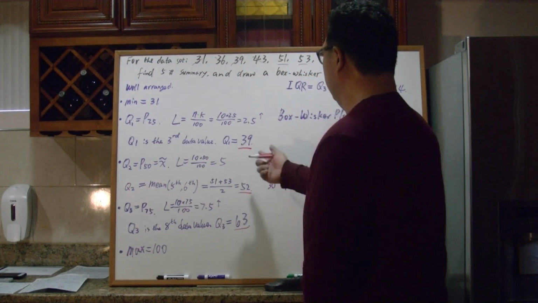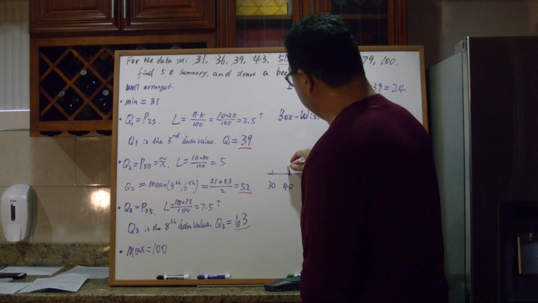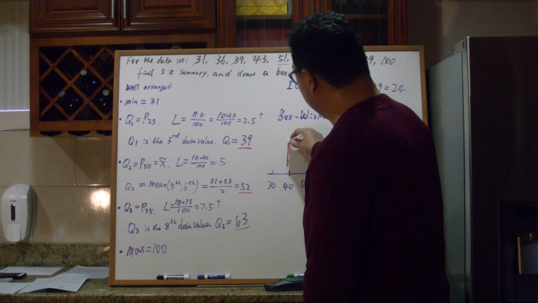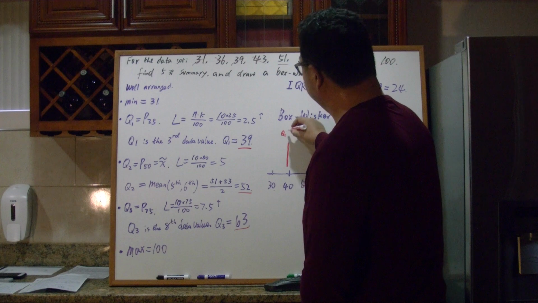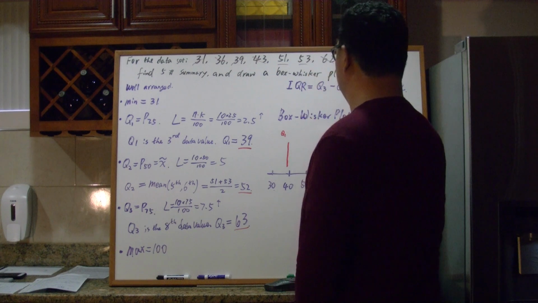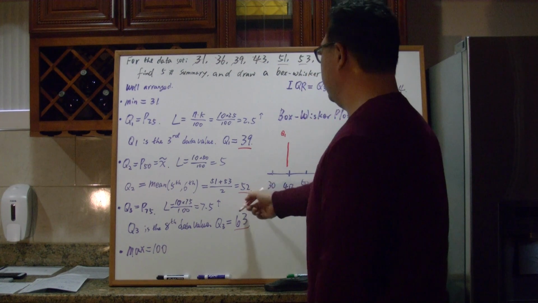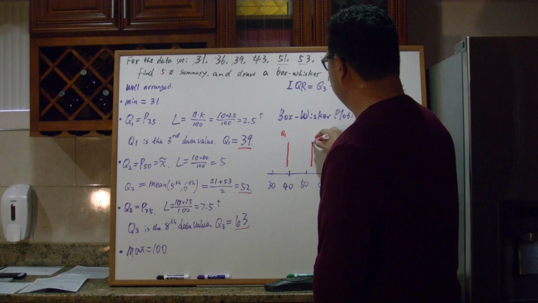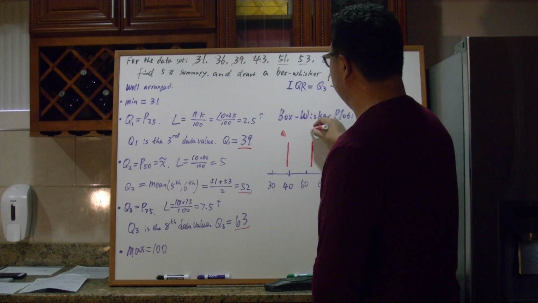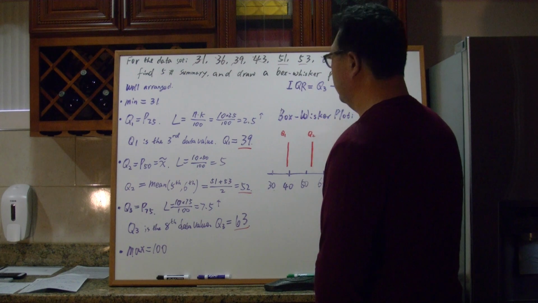So we get 39 as our first quartile. We draw a longer line saying that's Q1. Then our median is 52, the same distance, since we need to build a box, that's our Q2.